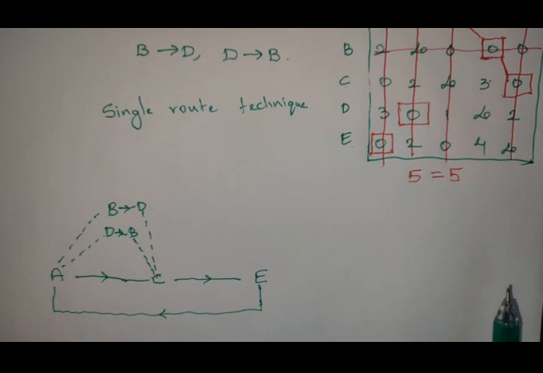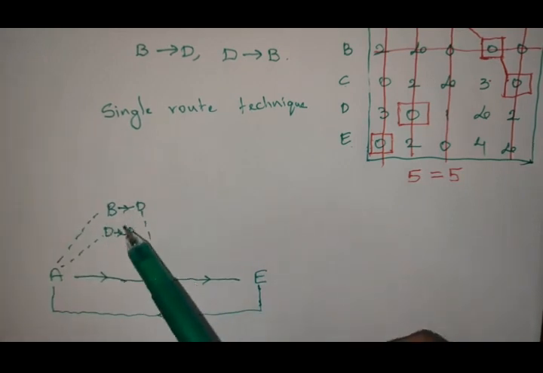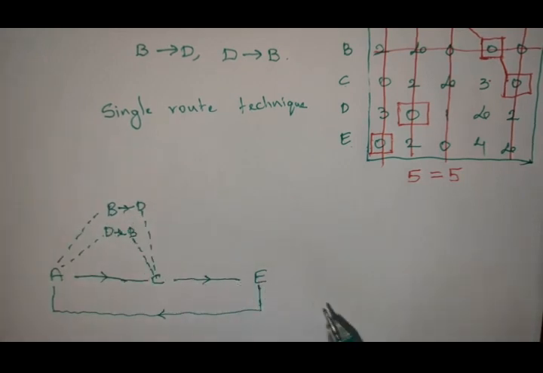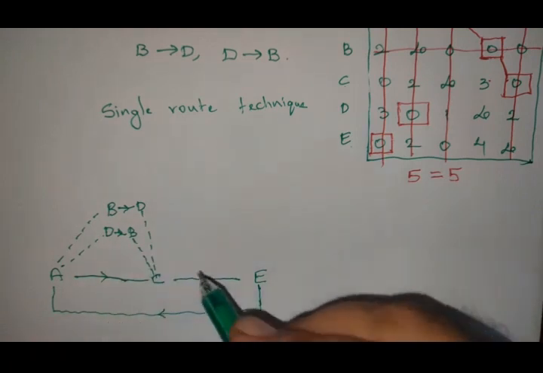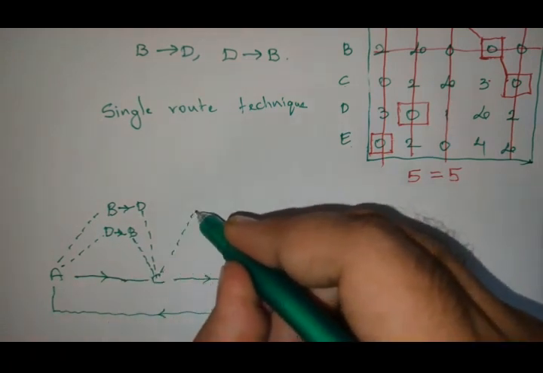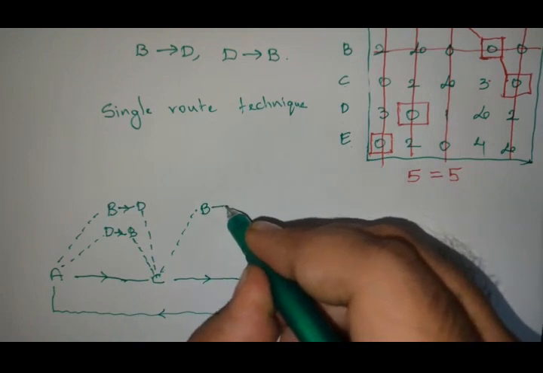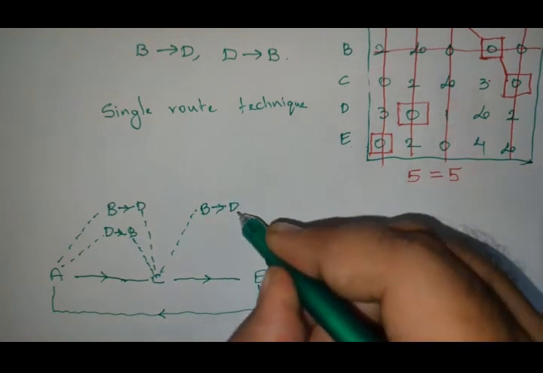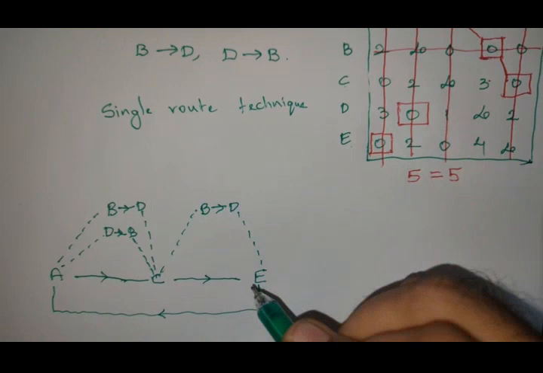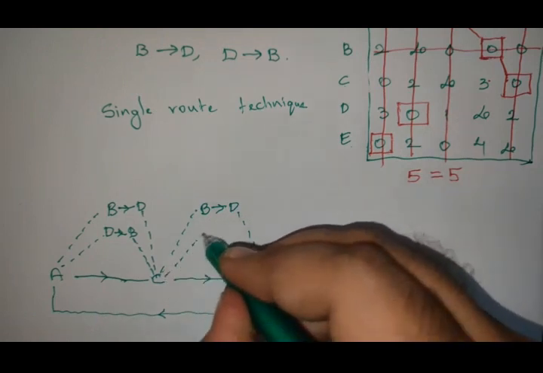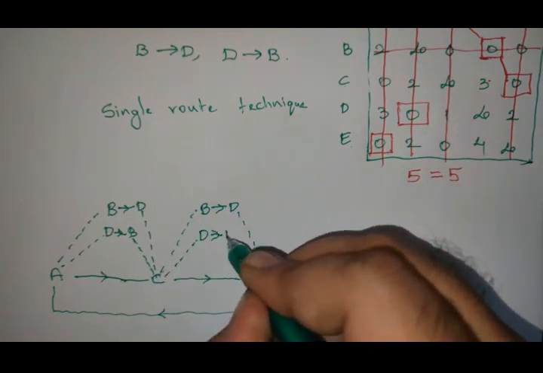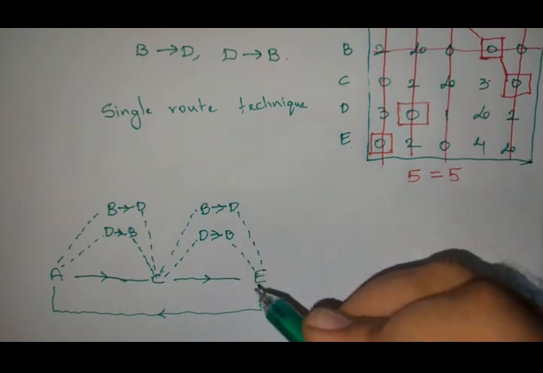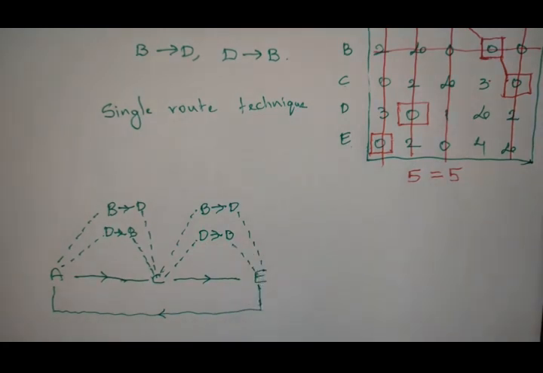So if we insert the B to D or D to B route in between A to C, it will be like this. So let us insert these two routes in between C to E. So this is one possible case, or another possible case is this one. We can insert B to D in between C to E, or we can go in this way, D to B also, in between C to E. This is one more possible case.